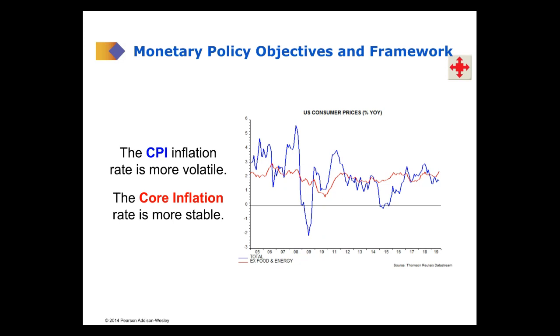The core inflation rate doesn't include changes to prices in food and fuel, and yet for most people, this is part of their market basket, and so they experience these price changes even if the core inflation does not. But the Fed focuses on core inflation, the CPI minus fuel and food.